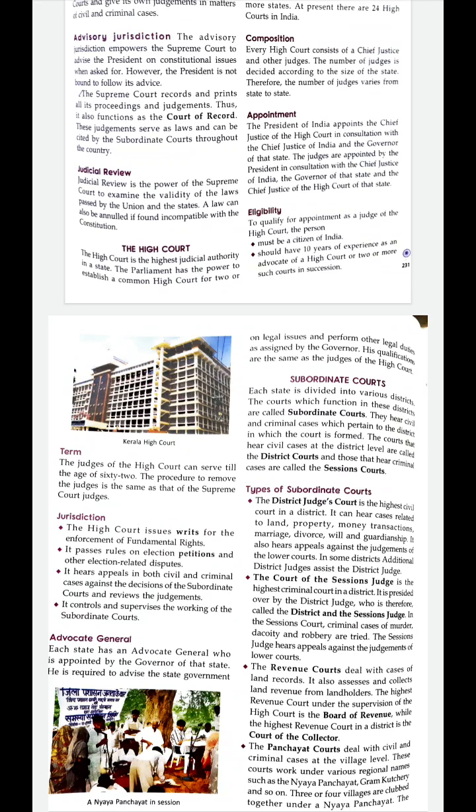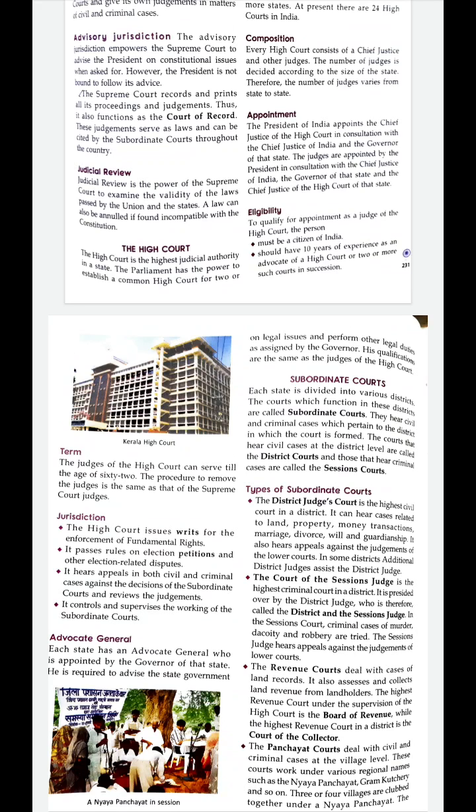And the Parliament of India can establish one High Court for two or more states. In your book it is given that there are 24 High Courts in India, but at present we have 25 High Courts, and the 25th High Court was established in Andhra Pradesh in 2019, and its seat is at Amravati. Clear?